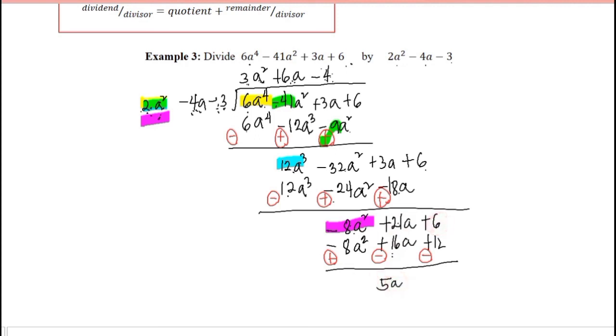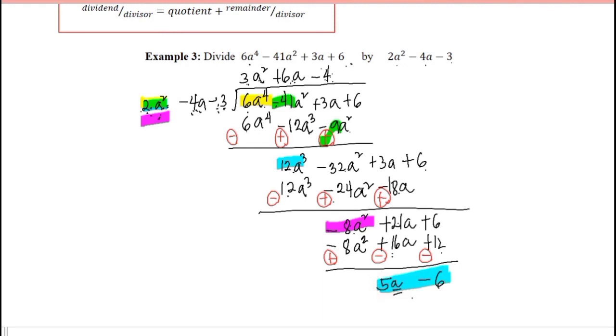And 6 plus negative 12 is negative 6. As you can see here, a here is to the first degree while the divisor is a squared. So, mas mataas na ngayon yung degree ng divisor natin kumpara dito. So, meaning, itong expression na to, na 5a minus 6, ay remainder natin.